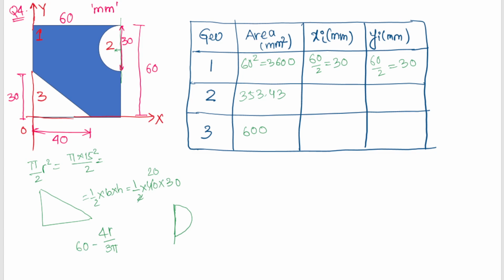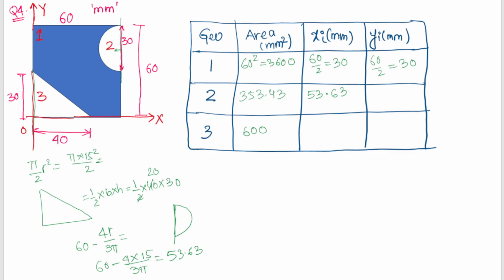Putting the values, 60 minus 4 into 15 by 3 pi, which gives a value of 53.63.